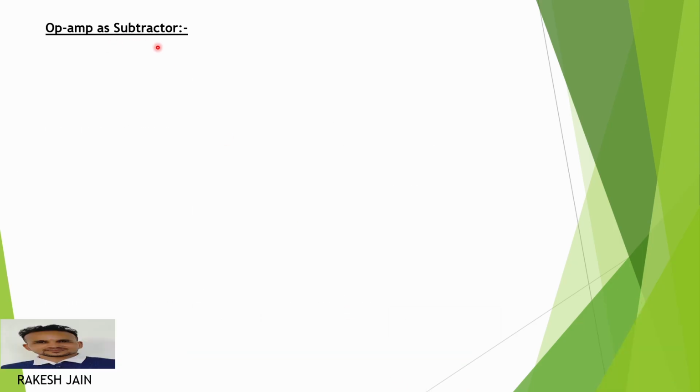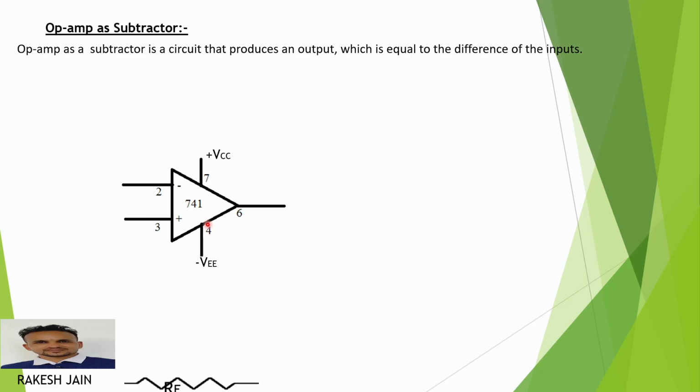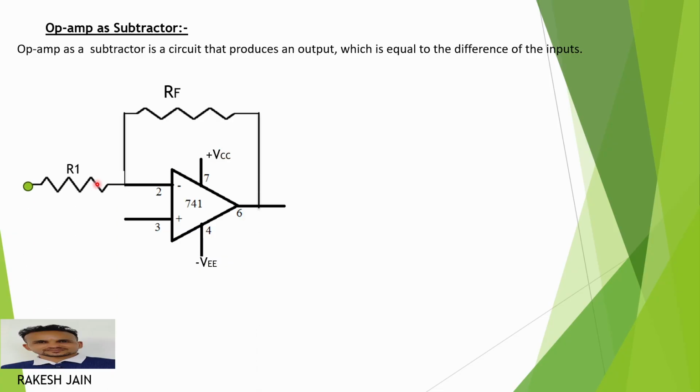Now, operational amplifier as a subtractor. An operational amplifier as a subtractor is a circuit that produces an output equal to the difference of the inputs. So a similar kind of connections I am going to do for the basic symbol of the operational amplifier. Pin 7 is connected to the positive supply, pin 4 to the negative supply. The feedback resistor is between pin 2 and pin 6.